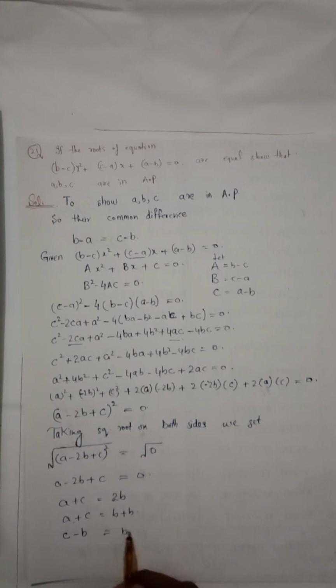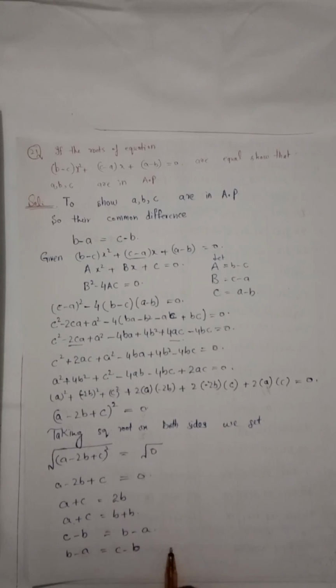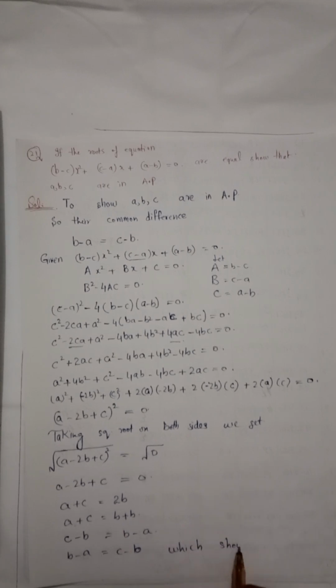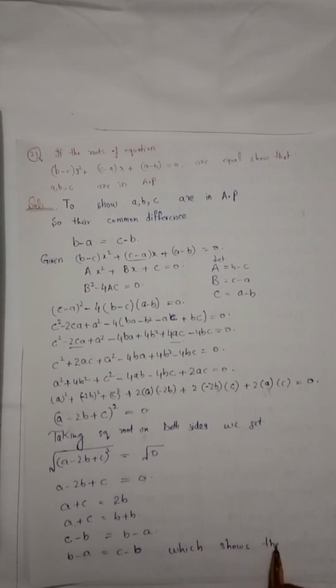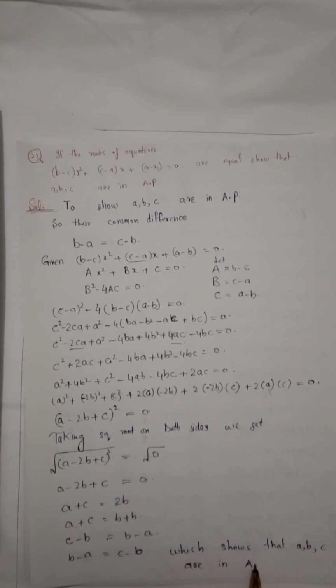This means b minus a is equal to c minus b, which shows that a, b, c are in arithmetic progression.